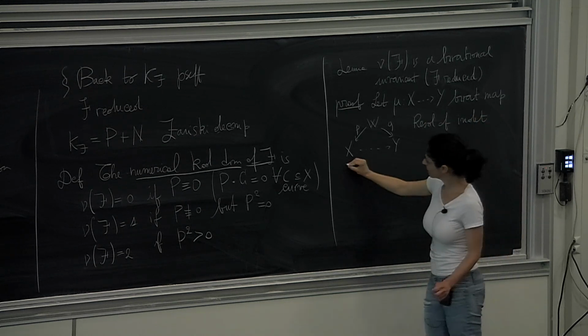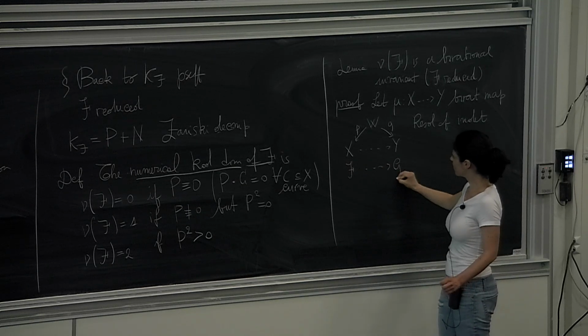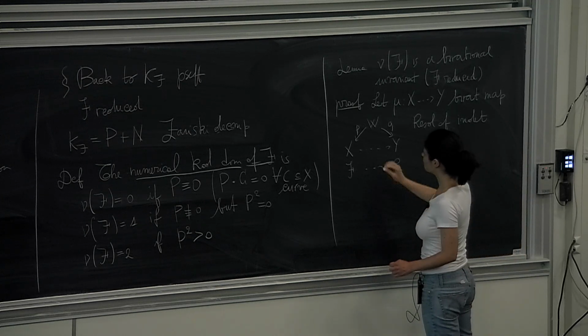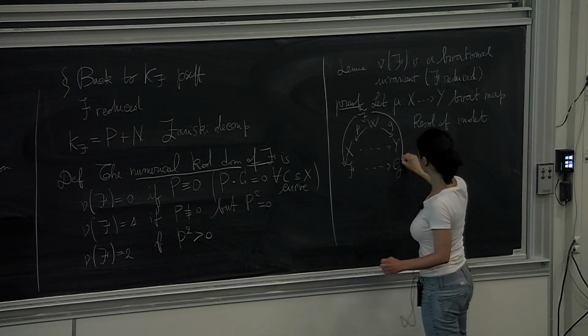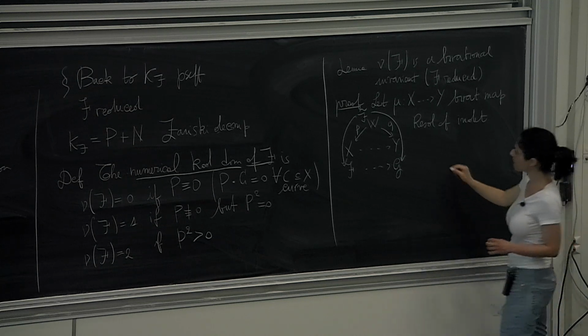So let's say that F induces G on Y, and we call F tilde the induced foliation on W.